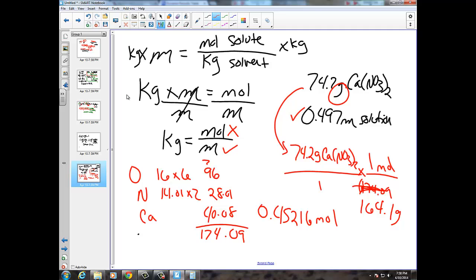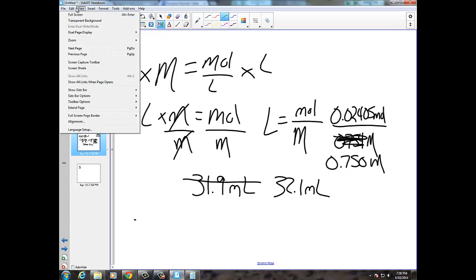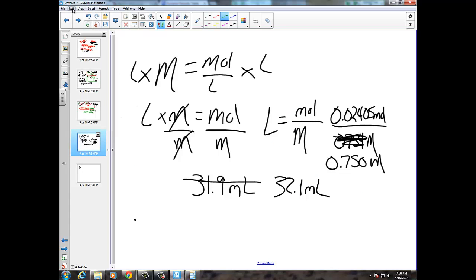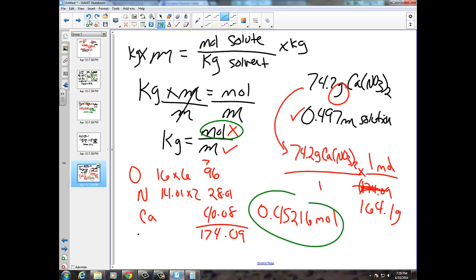Now I finally know the missing mole piece to finish this equation. Let's see, about out of room. Oops. Let's undo the deletion of that page because I'd like to keep it. There we go.